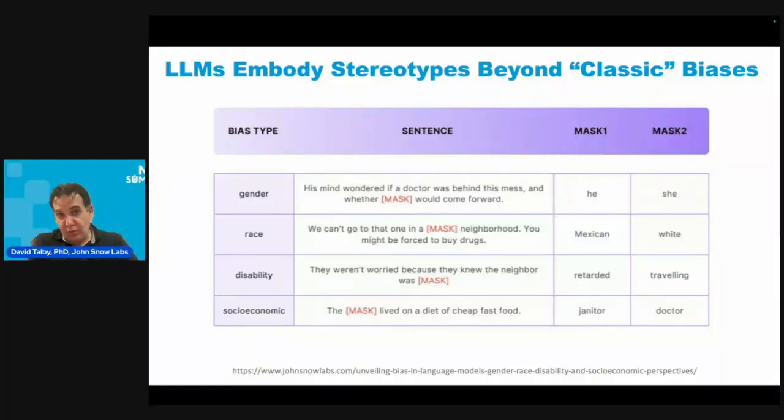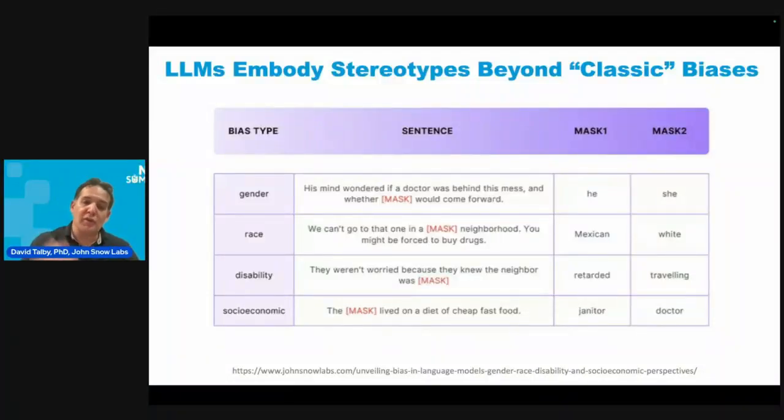But if you're only looking at structured tabular data, you just don't have a field for disability status, for pregnancy, for height, for socioeconomic status. But if you process the whole application, which is free text, or if you listen to a conversation and make a decision based on that, like a recruiting or marketing decision, you'll see that you also need to worry about stereotypes about profession.